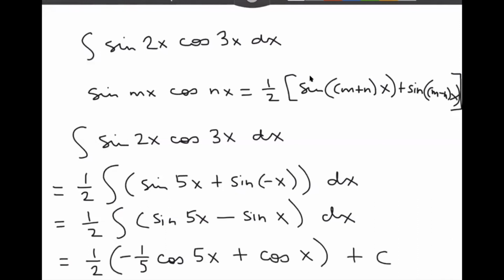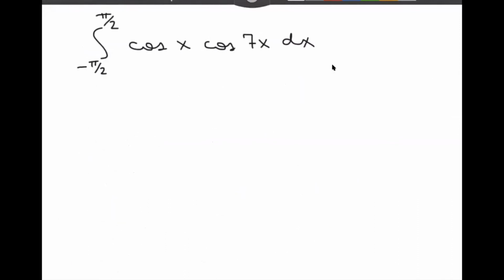All right, so now the official example. You know what? I'm just going to put it up here on the tablet. There's no reason to switch back to the presentation. It is the integral from negative pi over 2 to pi over 2 of cosine x cosine 7x. So the pertinent product to sum formula for that, again, I don't have this memorized.